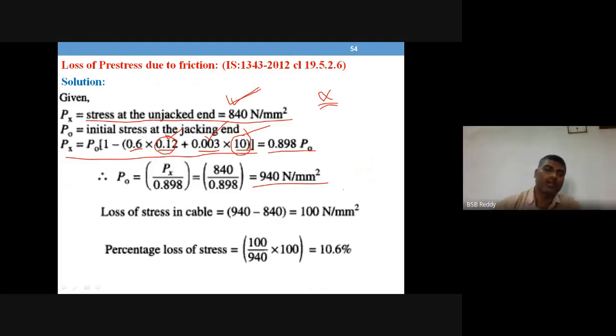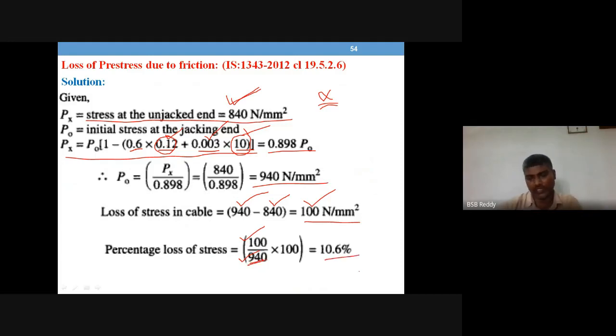And the loss value is 100 Newton per mm square, because the hydraulic jack created a stress of 940, and because of friction its final value is 840. So because of friction it is losing 100 Newton per mm square, and the percentage loss is loss of stress divided by initial stress, which is 940 created by the jack.